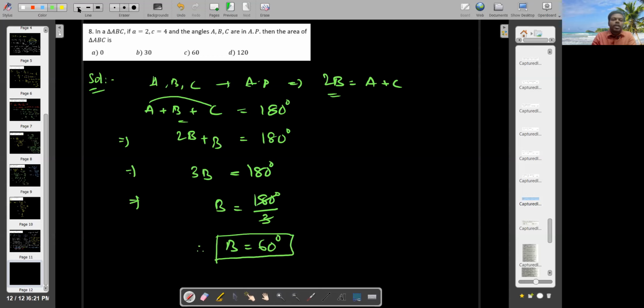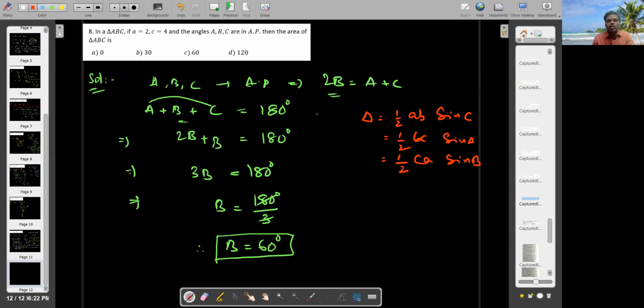To find the area of triangle, just recall the formula. Area of triangle equal to half ab sin C or half bc sin A or half ca sin B. Here a and c values are given.